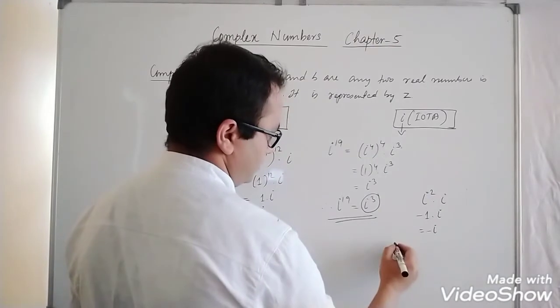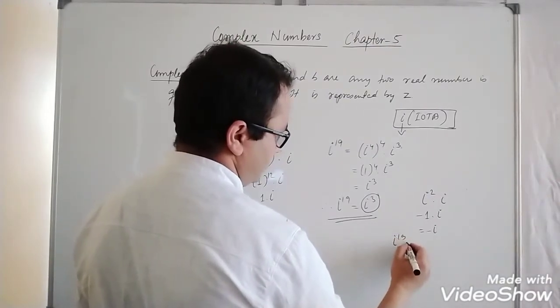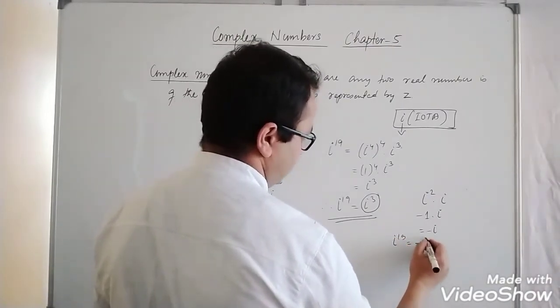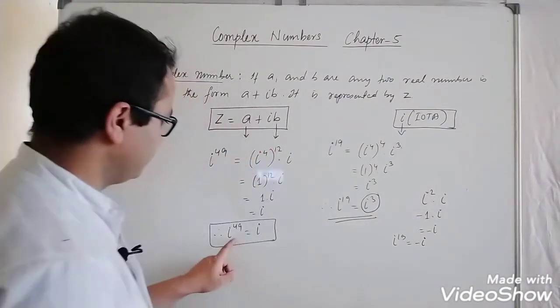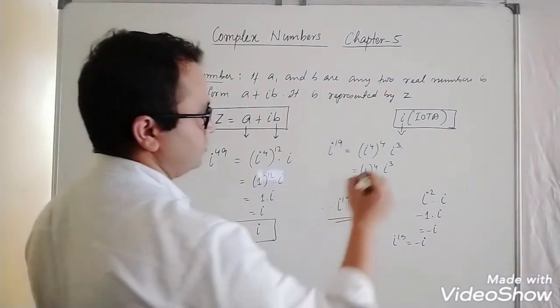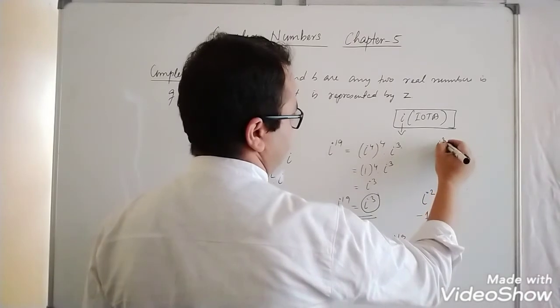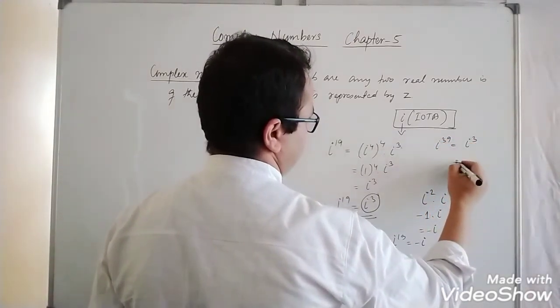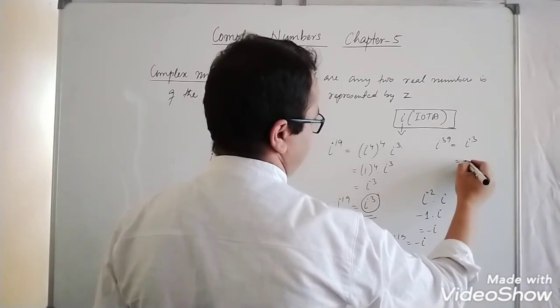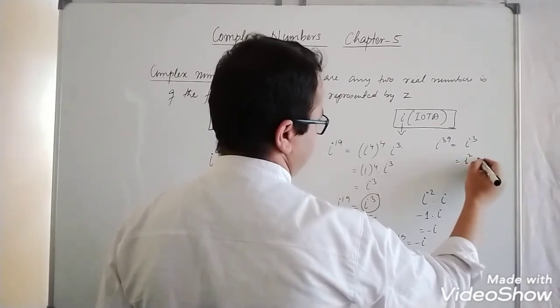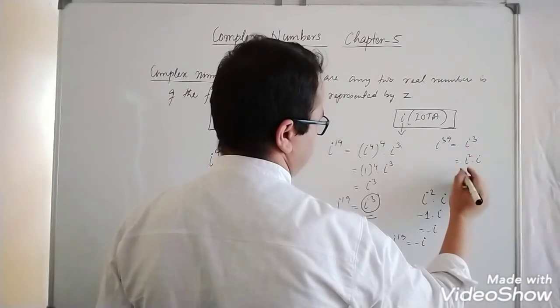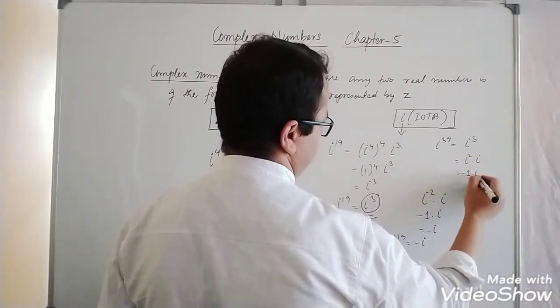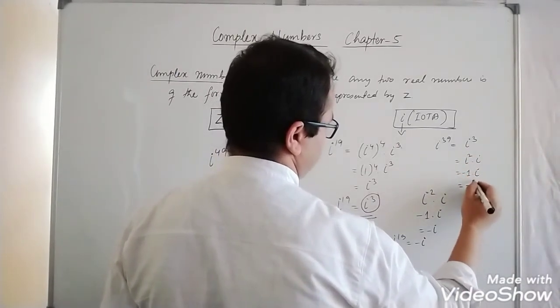So further we will write i to the power 19 equals minus i. Similarly, for i to the power 39, which is also i cube, i cube can be written as i square into i. So i square is minus 1 into i, which equals minus i.